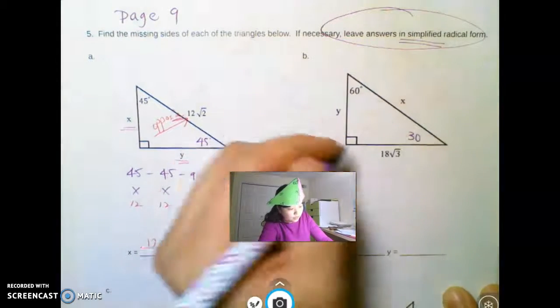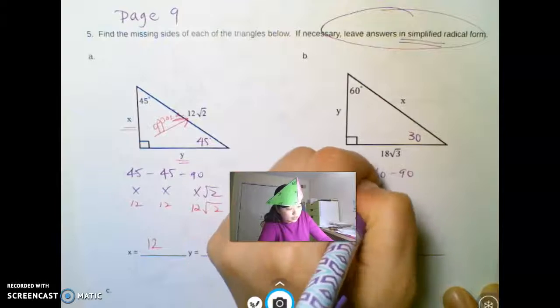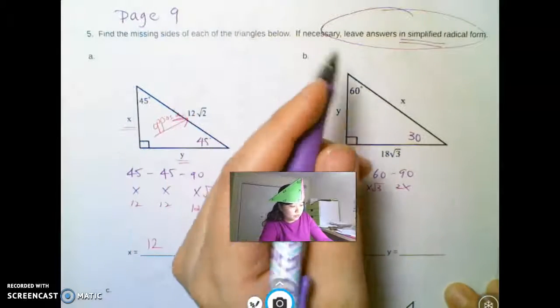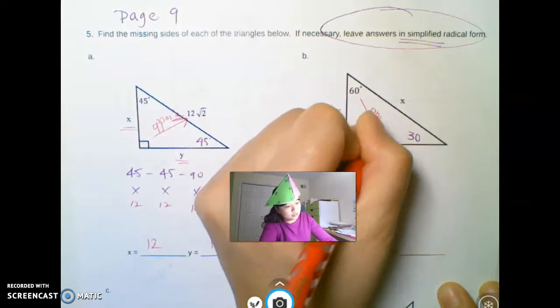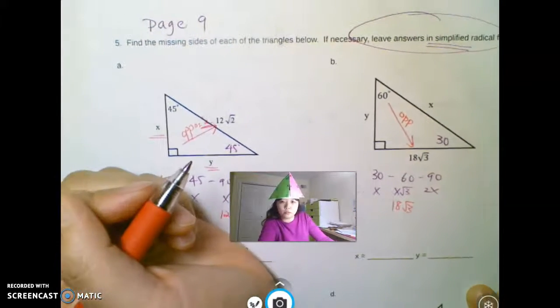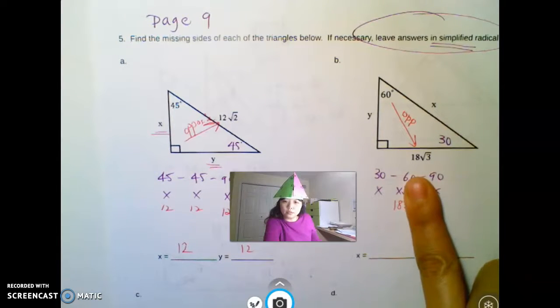30, 60, 90. X, x root 3, 2x. What do I have here? We have opposite of 60. So 18 root 3. Take a look. Cover up. What do you notice?